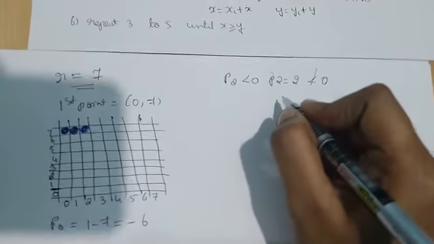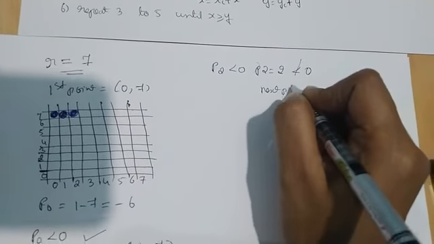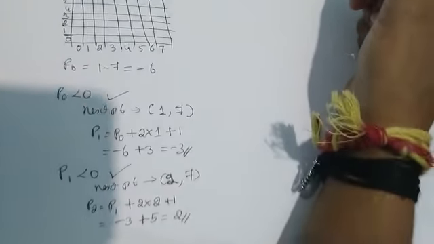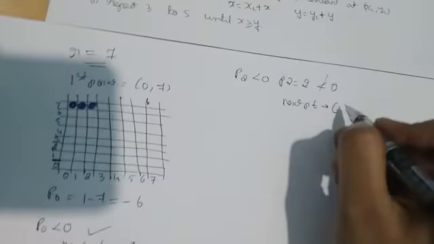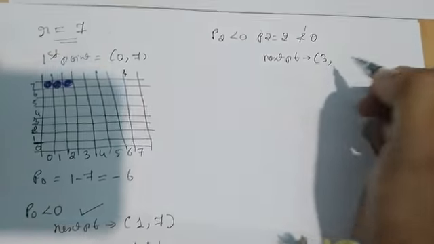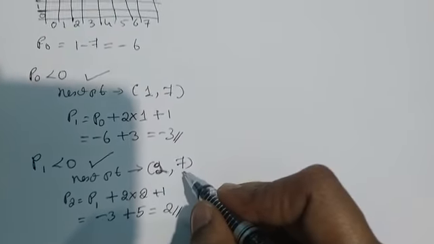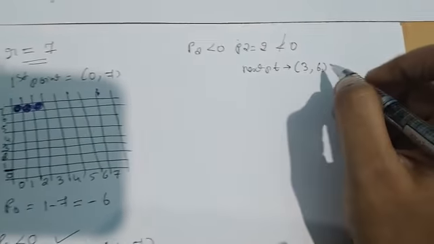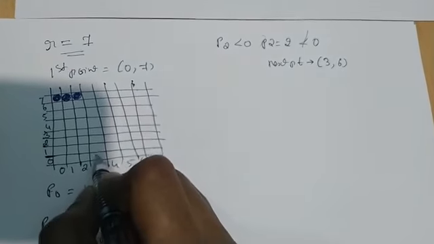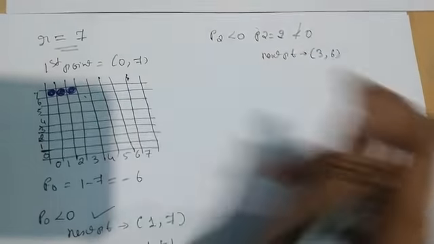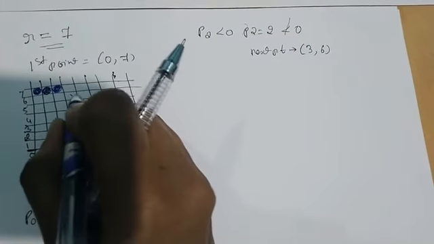So here the next point will be, what was the previous value of x? It is 2. It's going to increment the x value, so 3, and decrement the y value. Previous value is 7, now it will be 6. I am supposed to plot 3, 6. This is the point to be plotted.